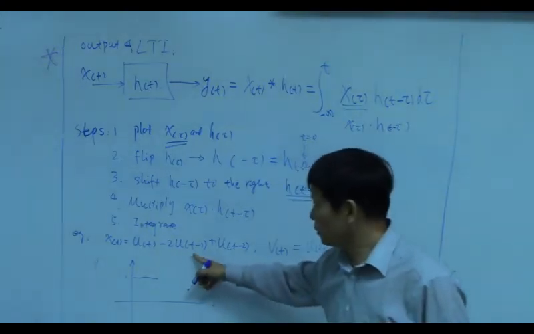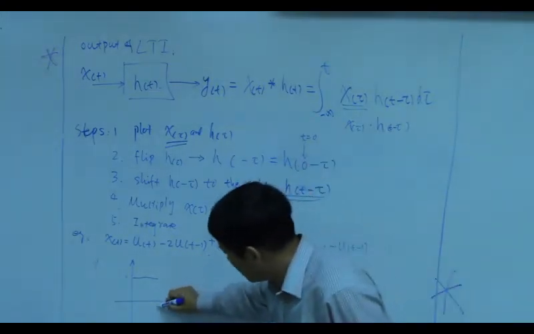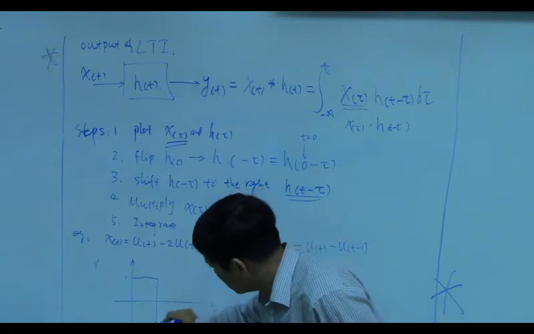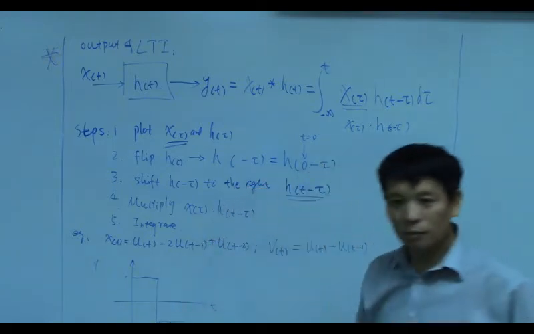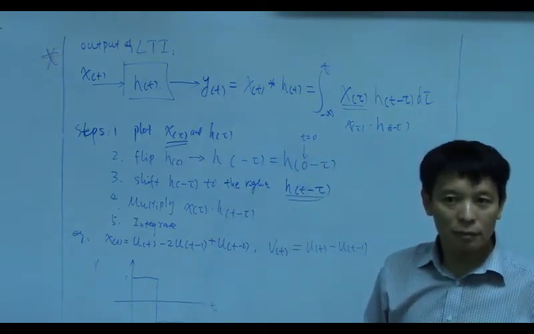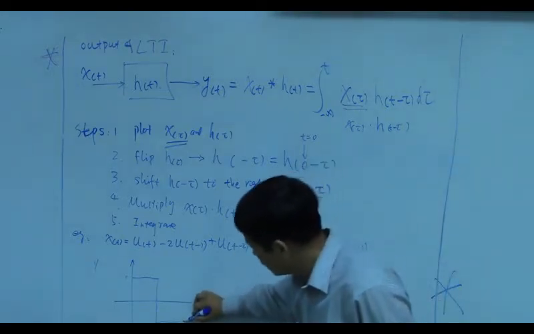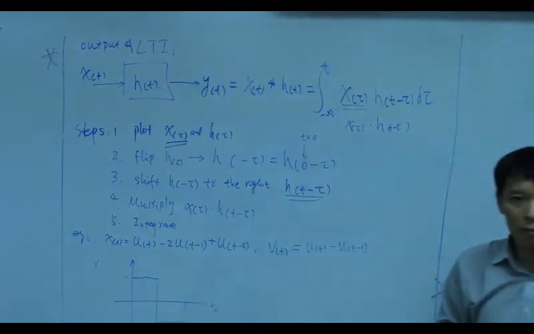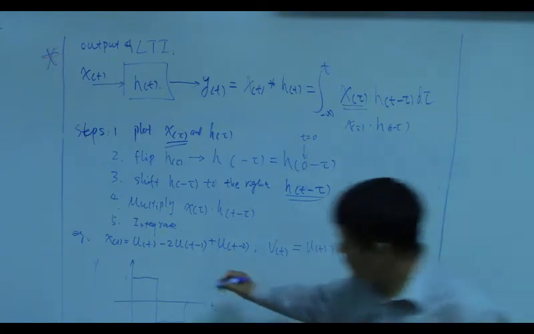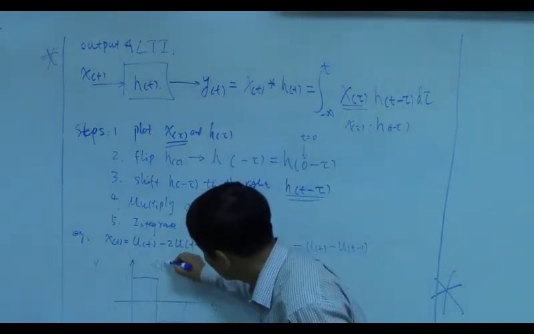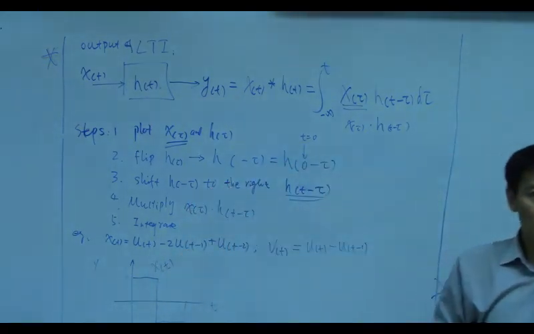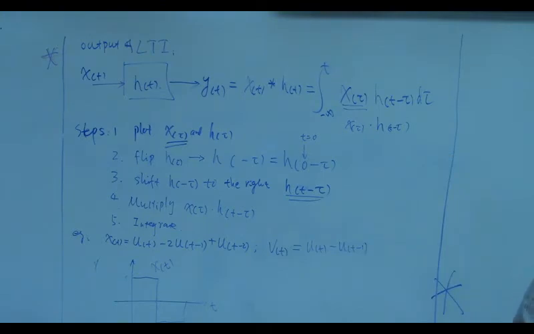And minus 2u(t minus 1), so that it will be 1 here, then it will give us back this. Then at t equals 2, we add up, so that is what we have. So that is x(t). Question? You already know how to plot this, right? In homework, we practice this in homework number 1.